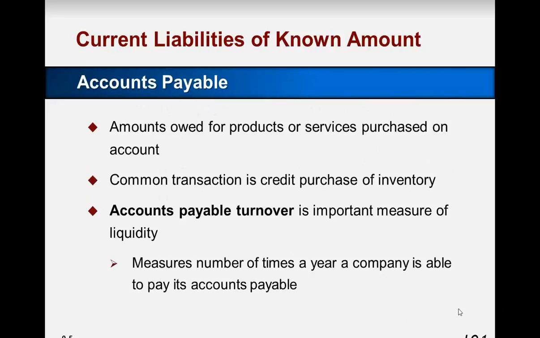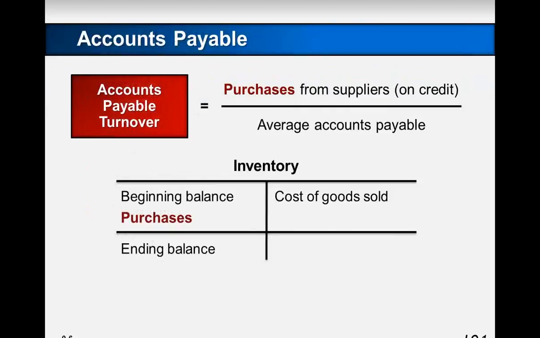It measures the number of times a year a company is able to pay its accounts payable. The accounts payable turnover is calculated by taking your purchases from your suppliers, the ones on credit, and dividing that by your average accounts payable. We can illustrate this in a T account of where these purchases would come from by looking at our inventory account.